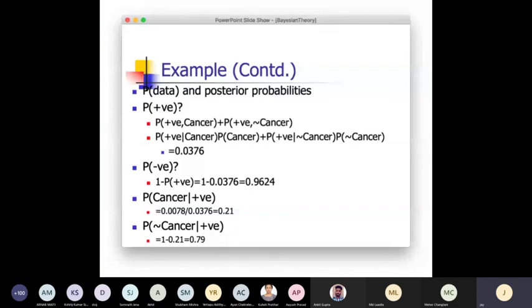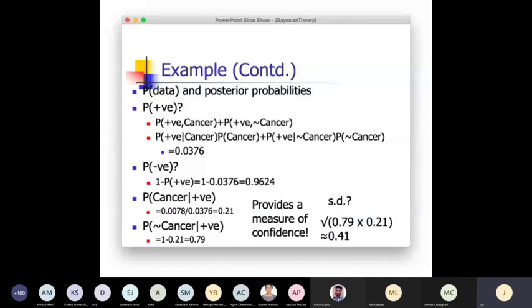That gives you some degree of confidence in your decision. In fact, if I consider it a Bernoulli distribution, then you can consider the variability of your decision. This is the range over which the posterior will lie, and it's quite a bit of variability, as you can see. So the standard deviation, SD, is this.